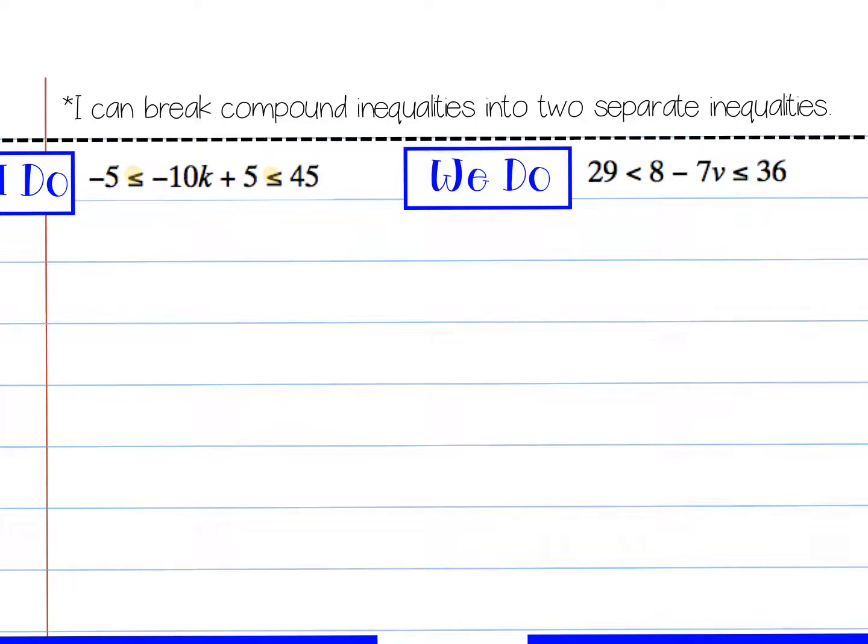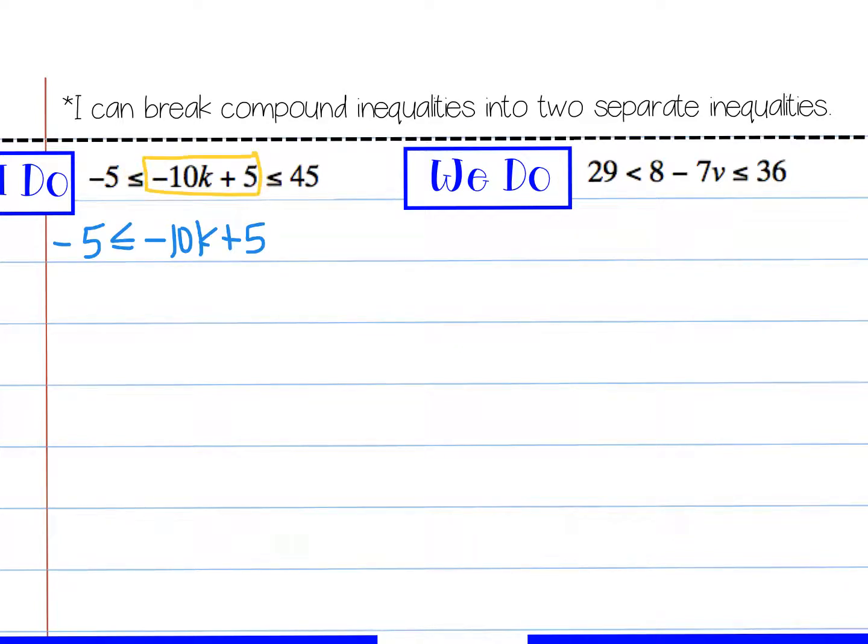So what I see is they both share this part right here. So my first inequality is going to be -5 is less than or equal to -10k plus 5. So this is the first part of my inequality because I go all the way to that second inequality sign. So that tells me my first part of the inequality.